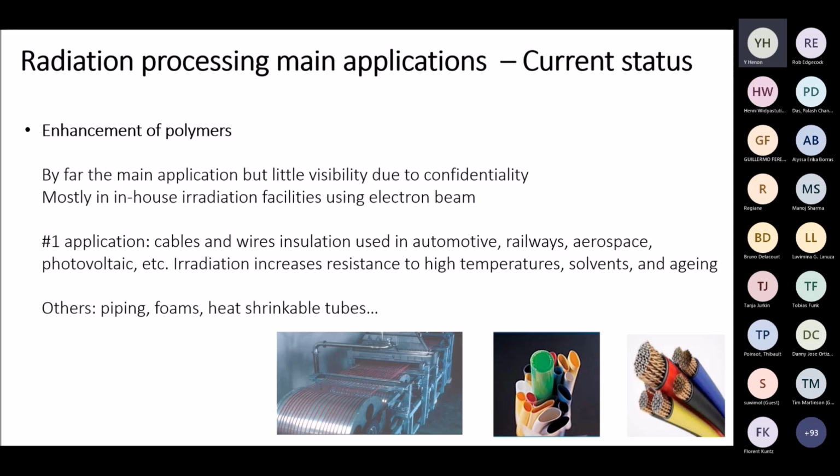And the interesting thing about irradiation is that without addition of chemicals, it will increase the resistance to high temperature, to solvents, etc. So it's used in a number of different industries, but it's also used for piping, for different foams used in cars, for example, for heat shrinkable tubes and so forth.